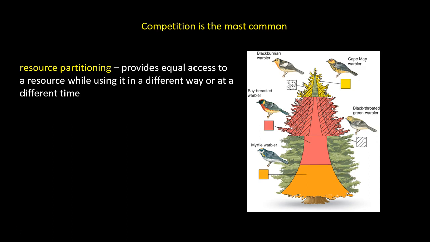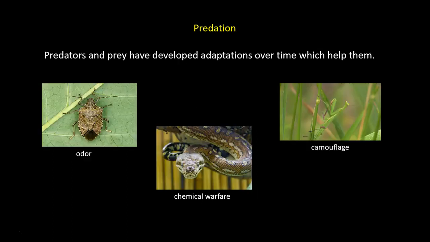Warblers eat insects in the spruce forests of Maine, and in order to share the wealth, so to speak, these birds have developed adaptations that allow them to feed in different parts of the spruce tree. For instance, the myrtle warbler hunts insects in the lower branches, and the Cape May warbler hunts in the upper branches of the spruce tree.